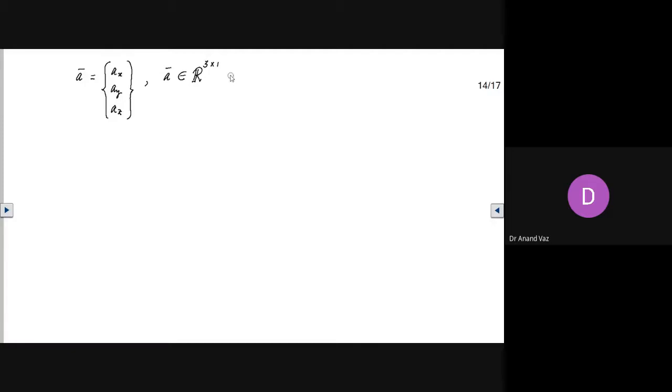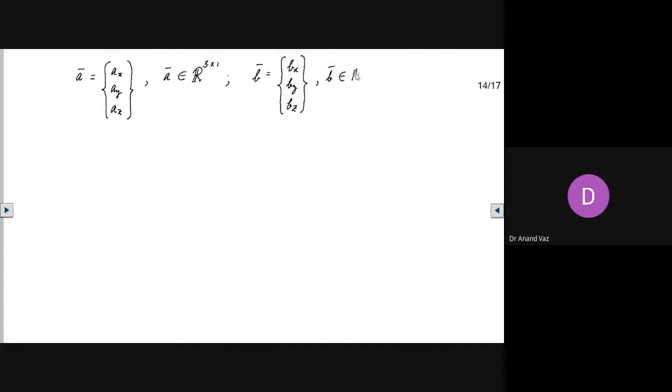Okay. In the same way, let us also take a B vector. Here we have Bx, By, and Bz. And here also we have this notation, that is, the B vector is also composed of real elements.